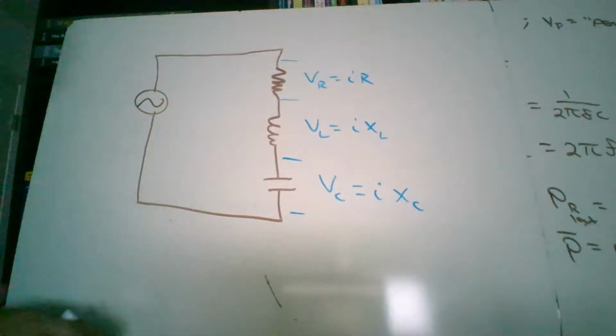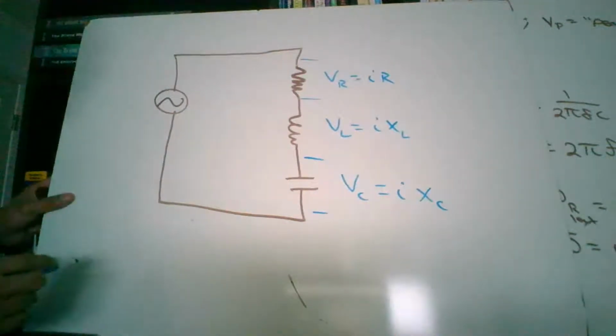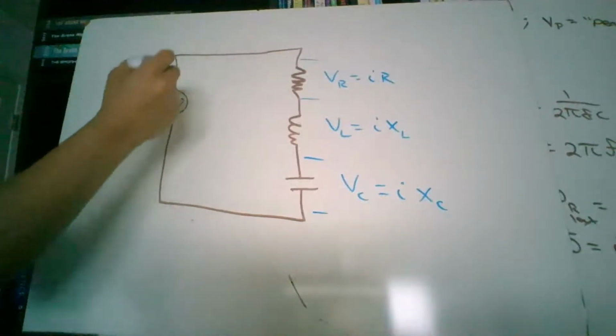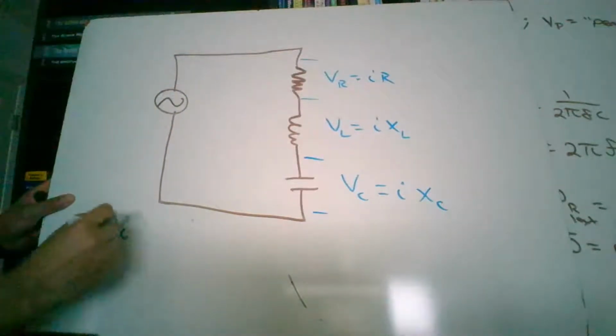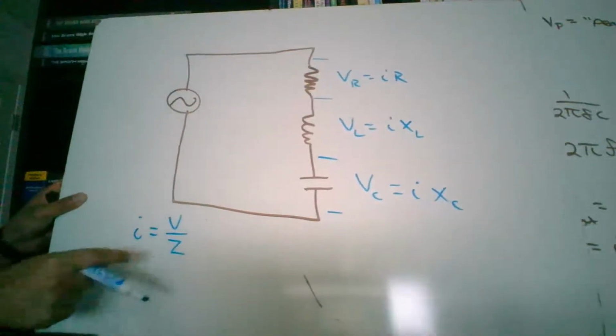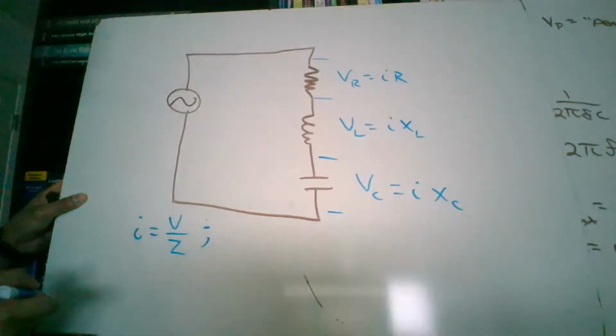So what would Z, the impedance, equal? I is still equal to the total voltage divided by the impedance. We can still make that claim, but we have to be careful in how we write our impedance.